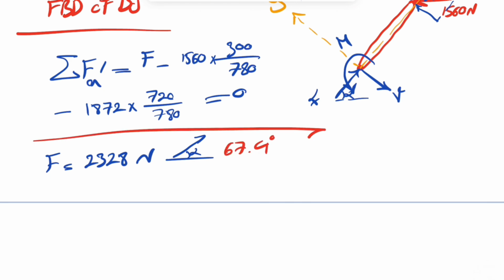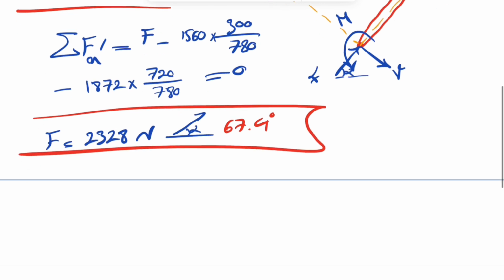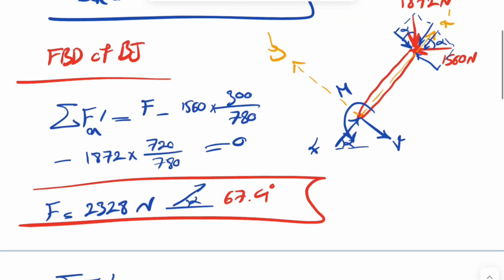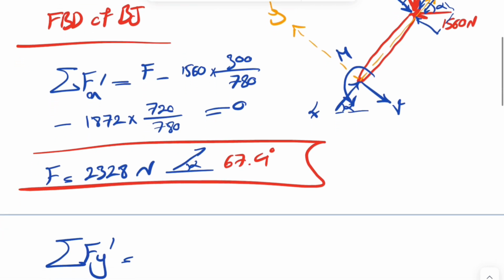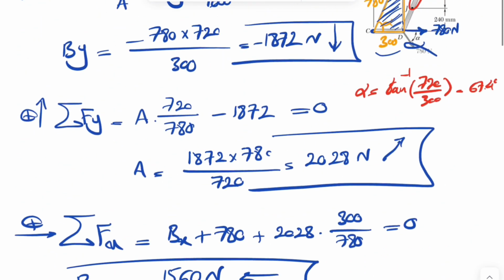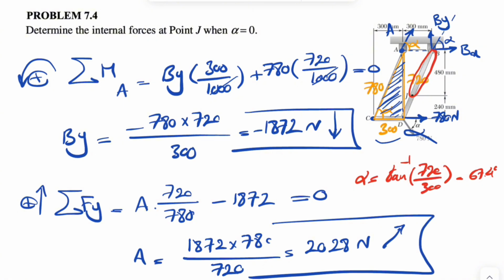So that's our F. One force is out, and we're going to do the same thing for y prime. We're going to have the y component of 1560. Again, we can go straight with the sine of alpha here, or get back in our triangle and find sine of alpha, which is 720 over 780.